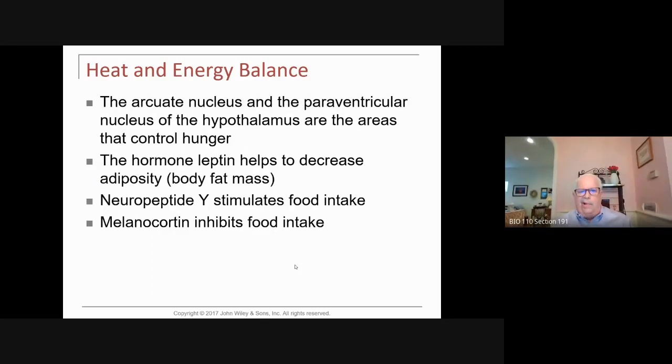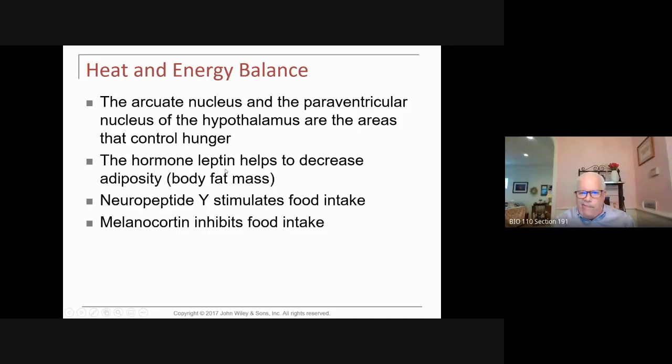In the hypothalamus, there are controls of hunger. The arcuate nucleus and the paraventricular nucleus in your hypothalamus basically control hunger. But there are other things in your body that control hunger. And one of these is very important. And the one that's important is leptin. There's a hormone produced by adipose tissues.